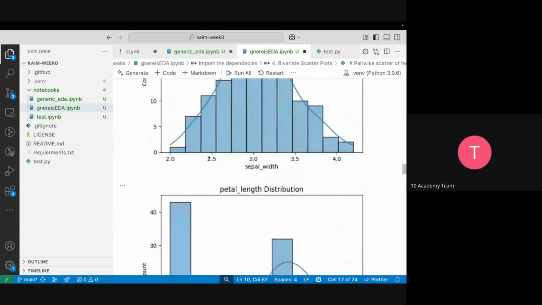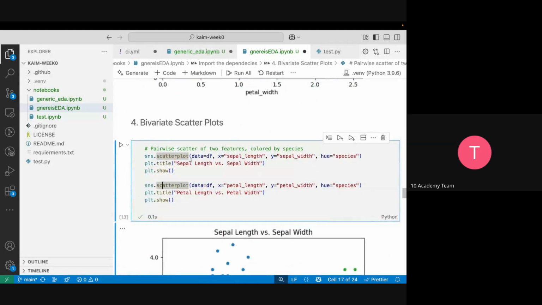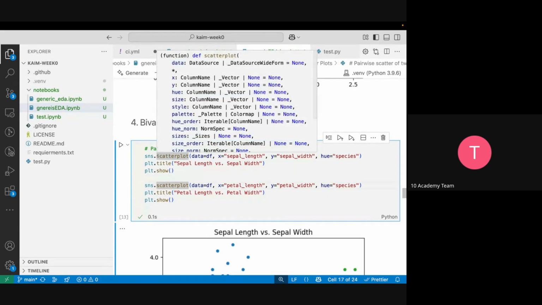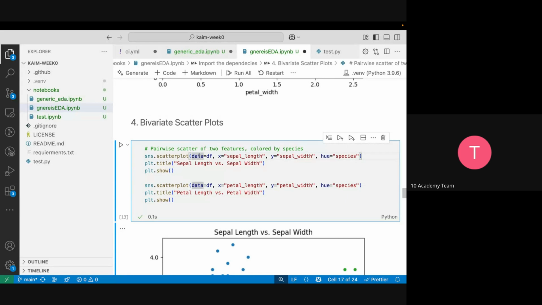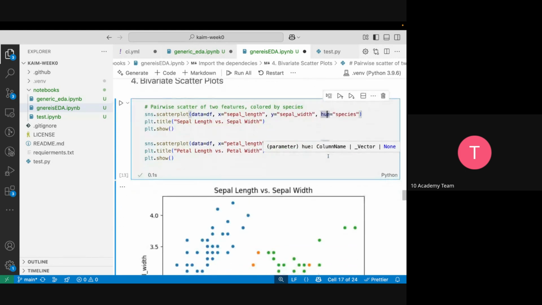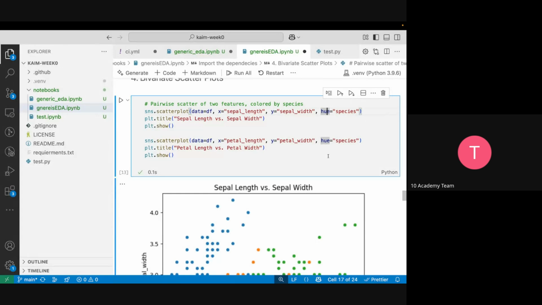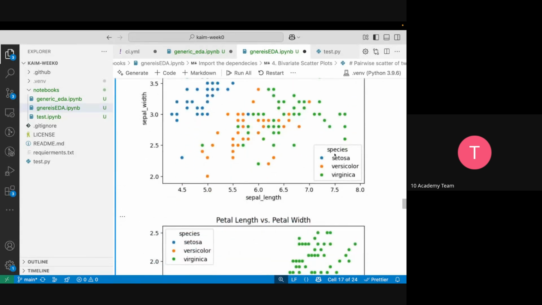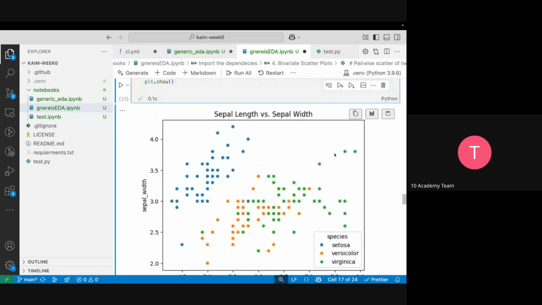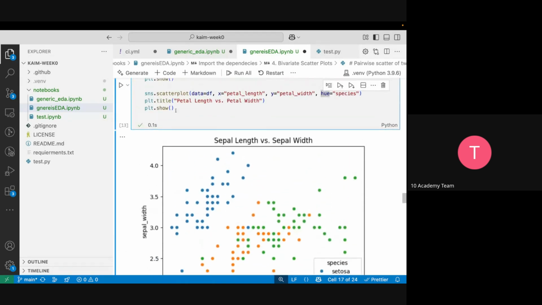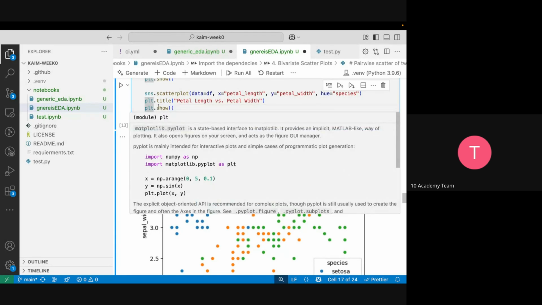For the scatter plot, you give the data, which is the data frame, what you want to show on the x-axis, what you want to show on the y-axis, and what the hue is going to be. The hue is just what you want it to differentiate by. The title and plt.show is just to show the plot.